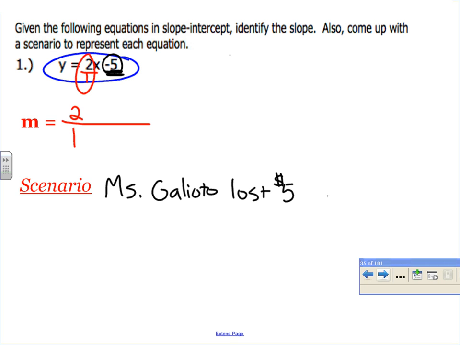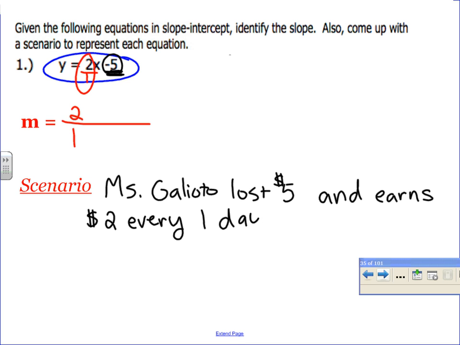So I'm going to say, and earns $2 every 1 day. The 2 over 1, our slope is positive. Okay, so I'm going to earn $2 every 1 something. In this case, I chose day.